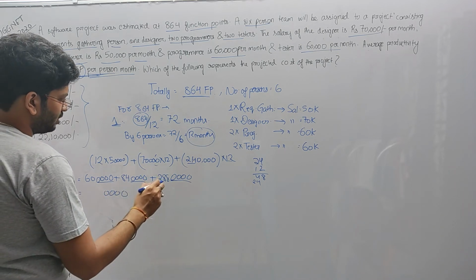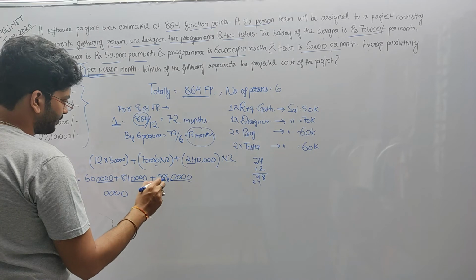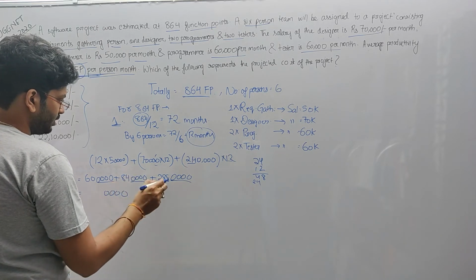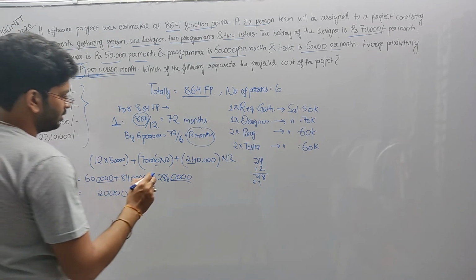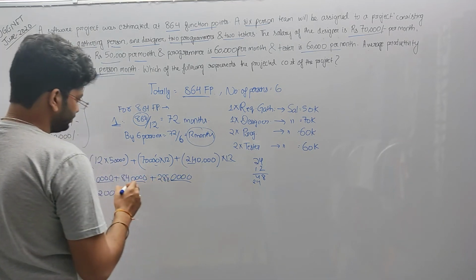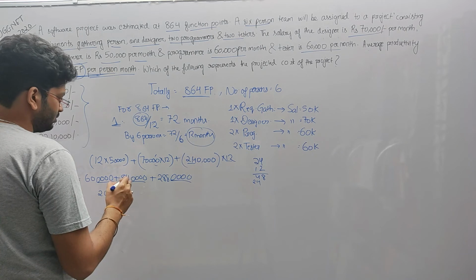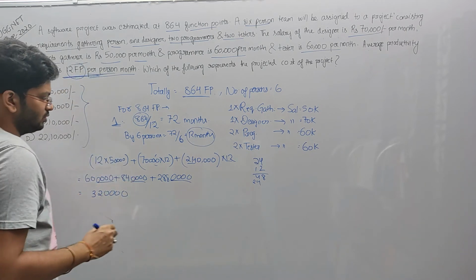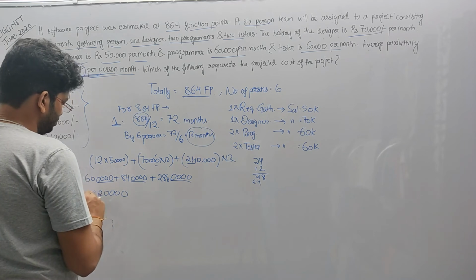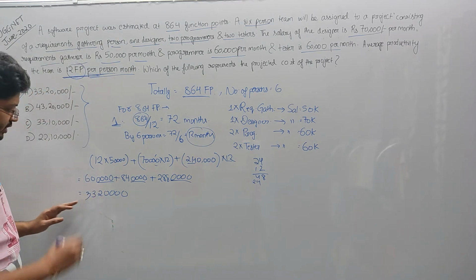Now this turns out to be 8 4s are 12, 1 carried, 8 plus 1 is 9. Basically there is a mistake in the calculation, so it is basically 4.